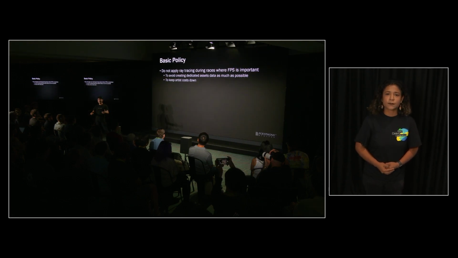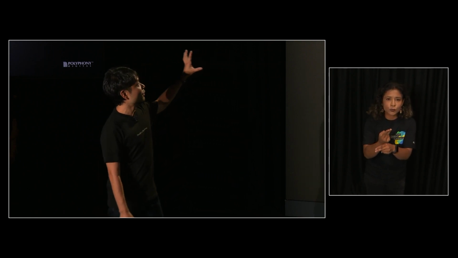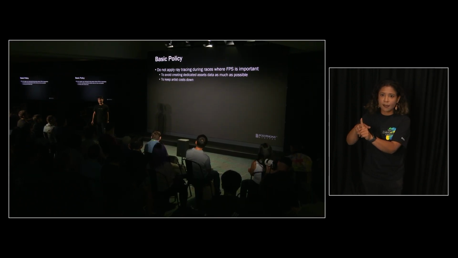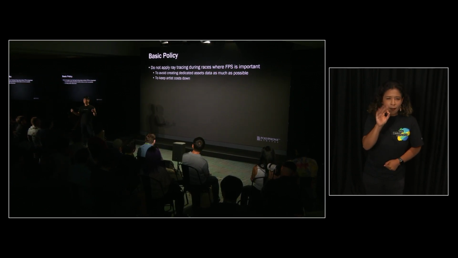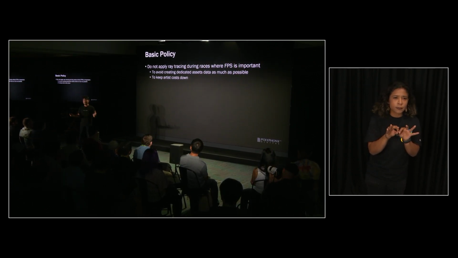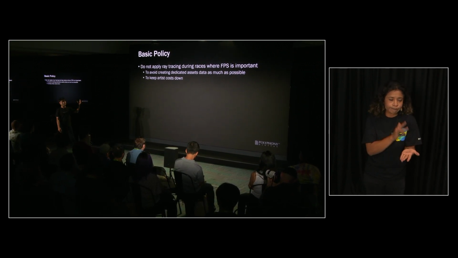Now, let me explain the implementation. These are the basic policies. First, we decided not to apply ray tracing during races where FPS is the highest priority. This decision reduced performance constraints and saved us from creating dedicated assets as much as possible.